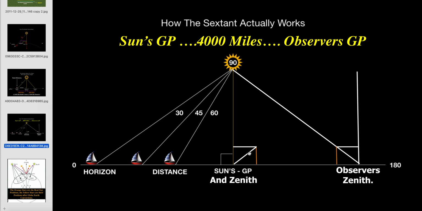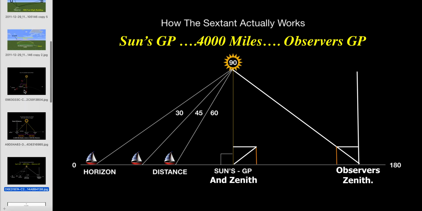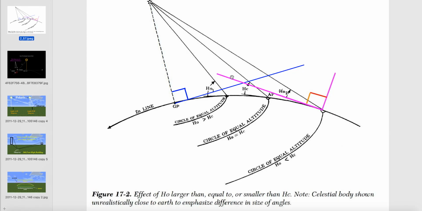So you can't have a situation like up here where you have that. This is completely incorrect. That doesn't work. It's not reality. You can't have a radius. A radius line is impossible because you've got a curved surface. It's just craziness.